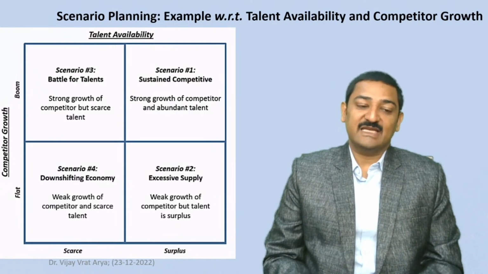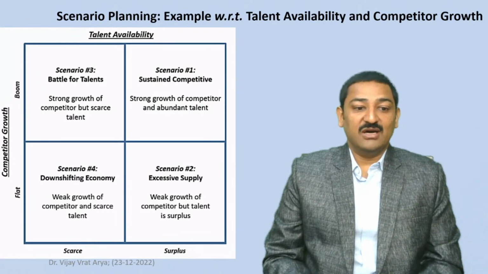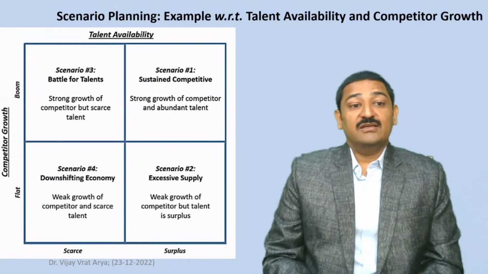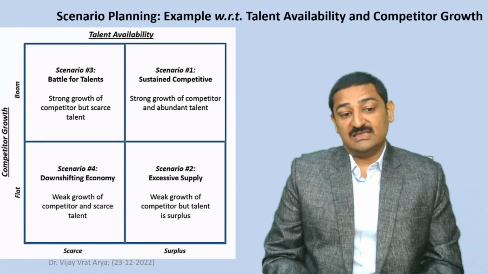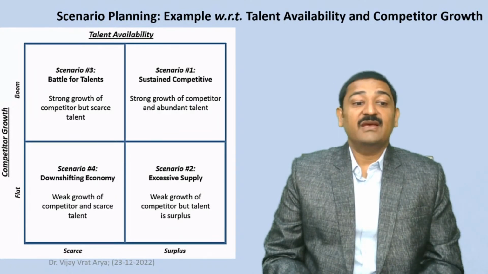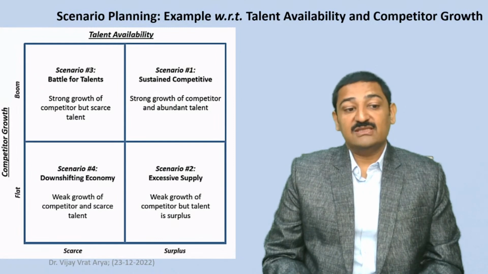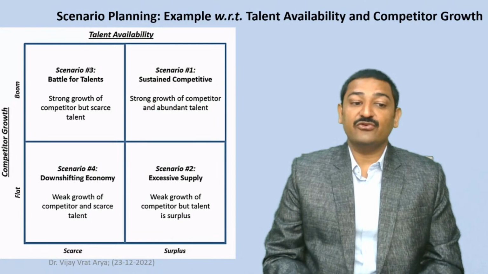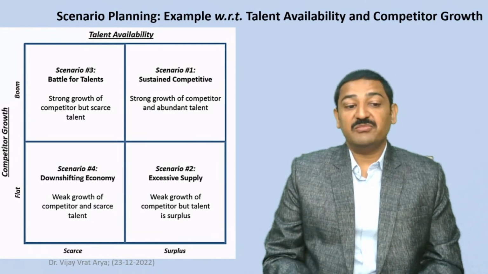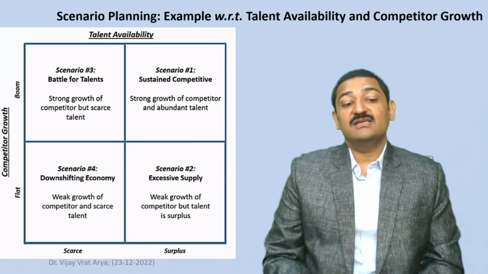And the last scenario is about a downshifting economy, where the talent availability is again short, meaning scarce, and at the same time the competitor growth is again very weak. So in this case, we can interpret scenario four as the weak growth of the competitor as well as scarce talent.